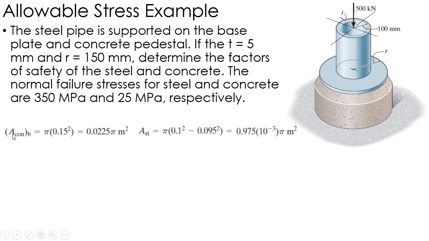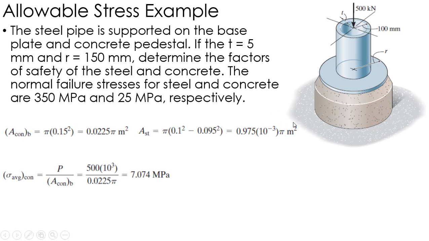At the concrete base plate, it's simply pi r squared, where r is 150 millimeters. Between the two steel pieces, it's the area of the pipe, which is pi times the outer radius squared minus the inner radius squared. So those are my bearing areas.